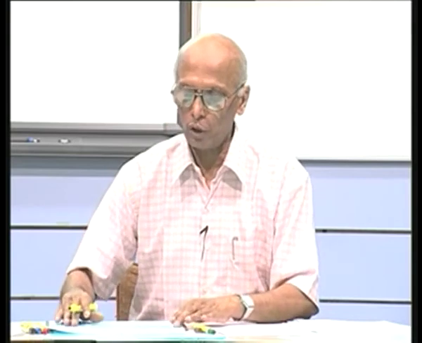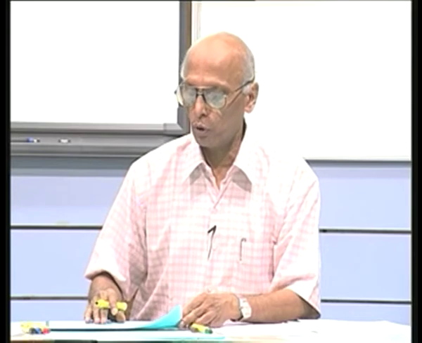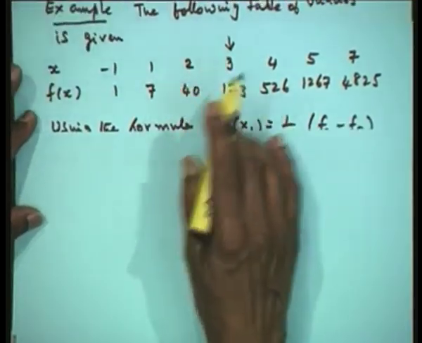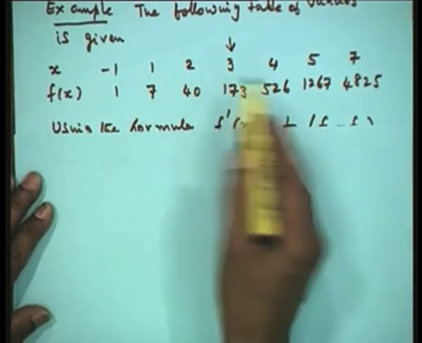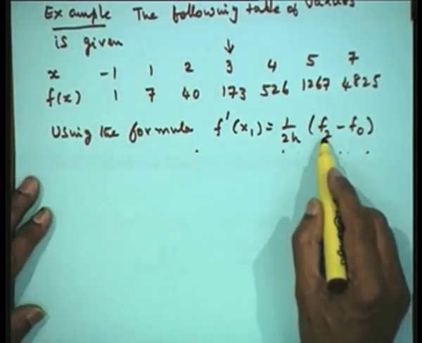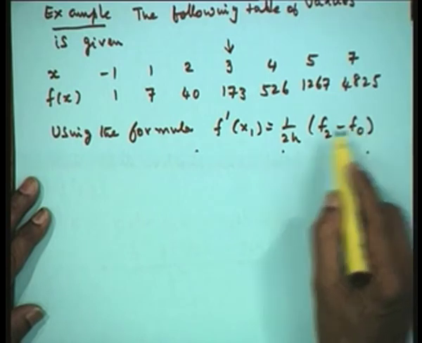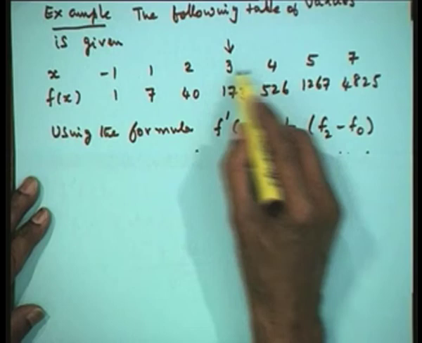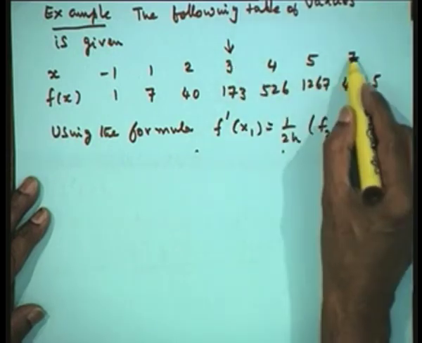Now, we have been asked to use the Richardson extrapolation and therefore, we must be able to compute the derivative using a particular step length. Let us see what are the possible step lengths that we have here. So, we are to use f of x0 plus h, f of x1 plus h, x1 minus h. This is our point. Now, you can see 7 is here which is at a distance of 4.